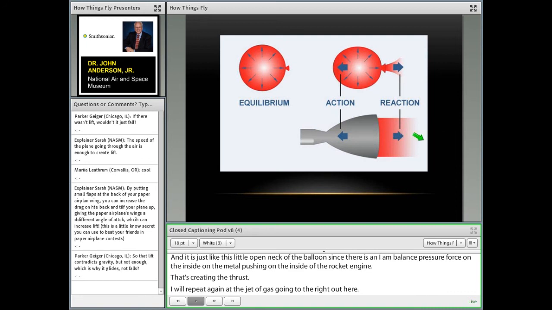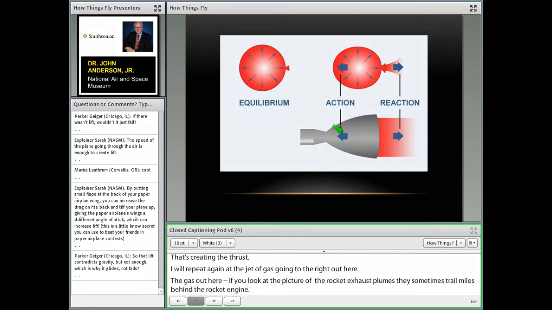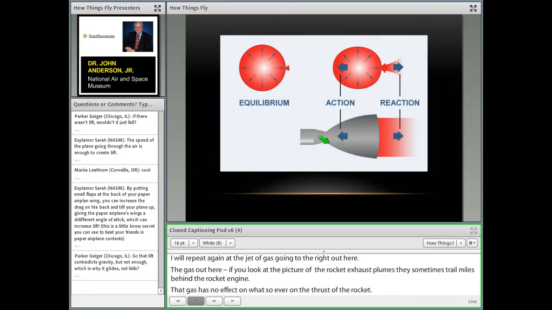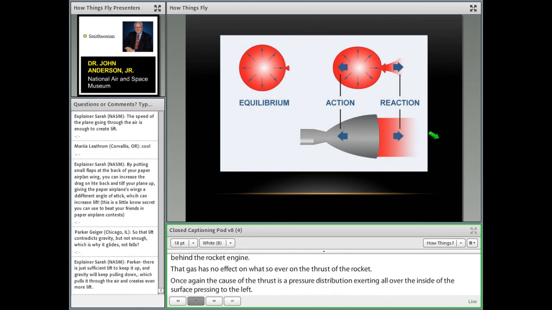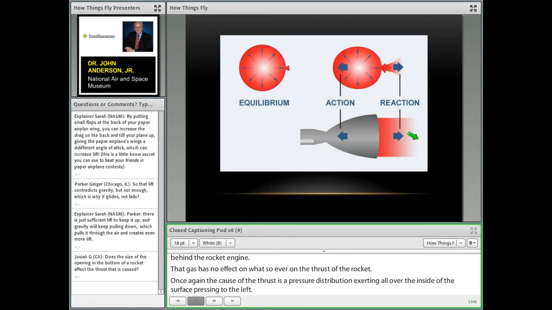It's having no effect whatsoever on the thrust of the rocket. So once again, the cause of the thrust is the pressure distribution exerted all over the inside surface, pressing to the left. The high-speed jet of air is the reaction to that. The air is being pushed in the opposite direction, but that is the effect of the generation of thrust, not the cause, not the reason for the thrust.